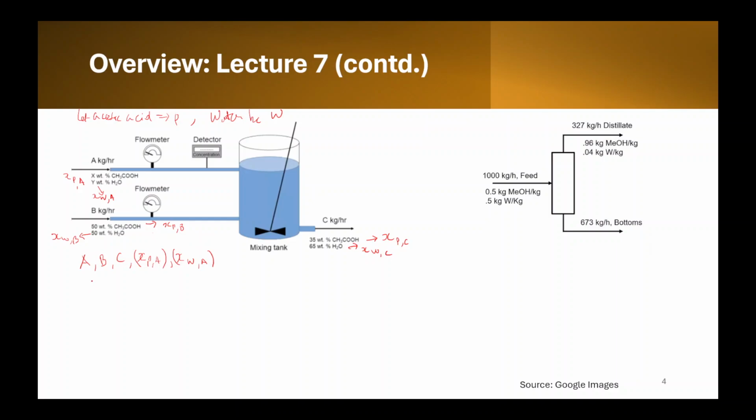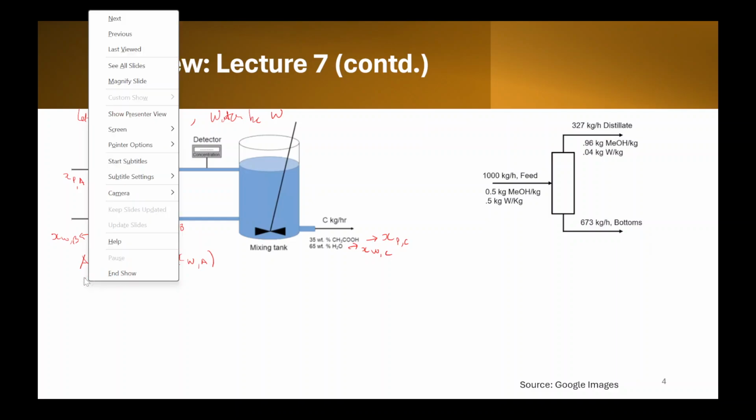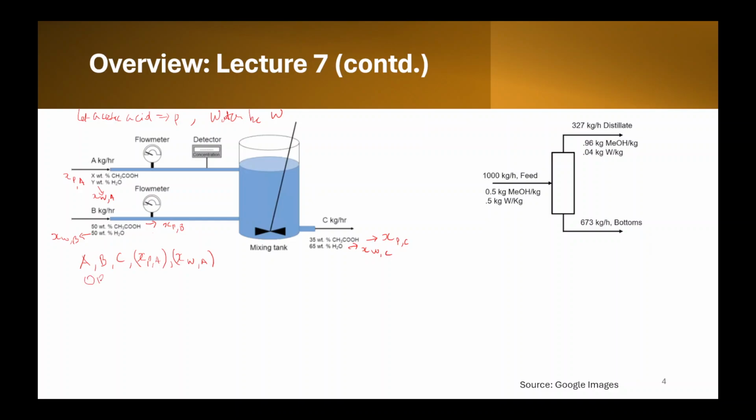So firstly, we will write the overall material balance. It is abbreviated as OB. So now as you can see, this is a steady state. It is given that it is a steady state operation, and we have the inlet and the outlet, and no reaction is taking place.